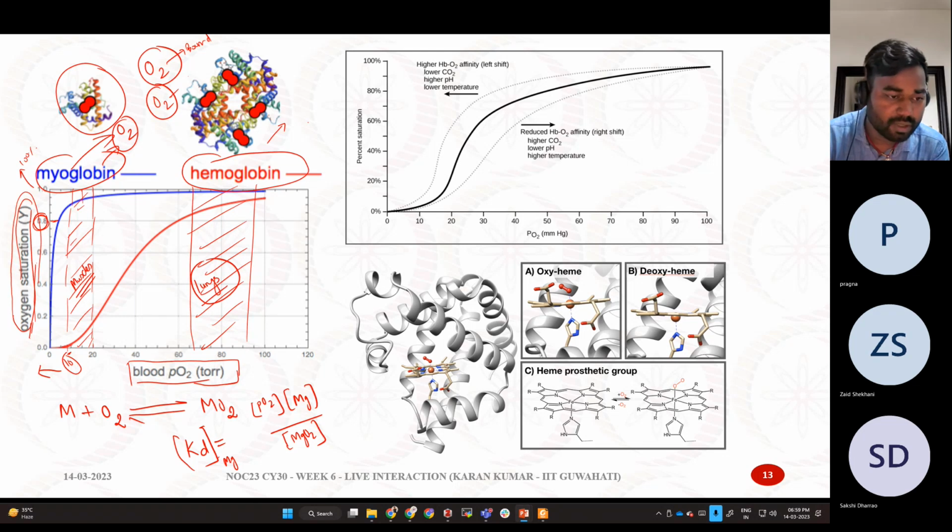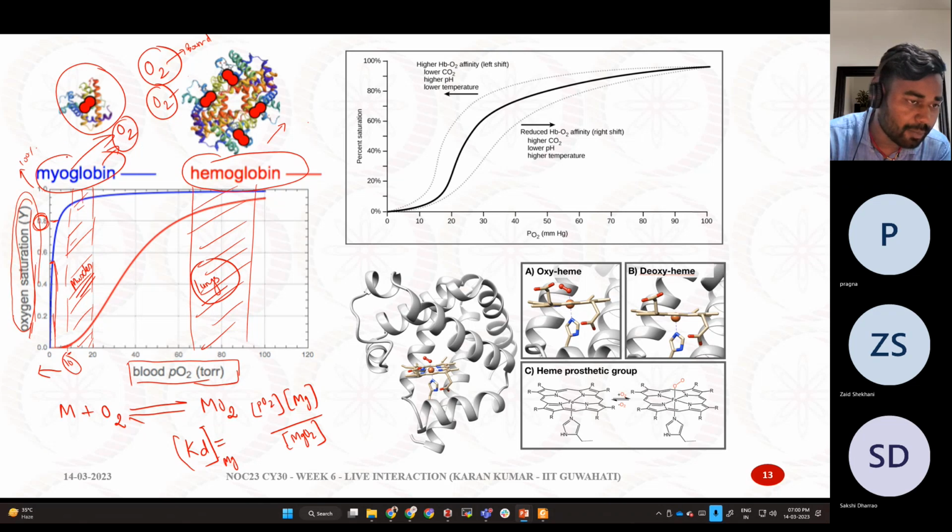Myoglobin will only release its oxygen when the partial pressure of oxygen is very low, because its KD value, if you see, is very low. It means even at a very low concentration of oxygen, it is 50% saturated.